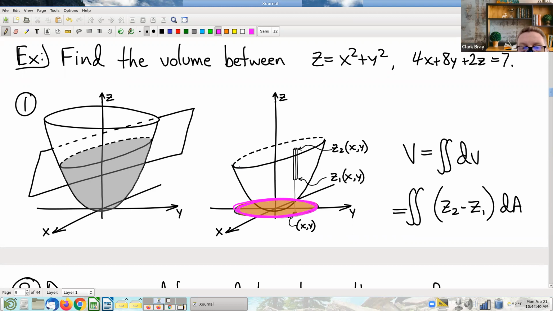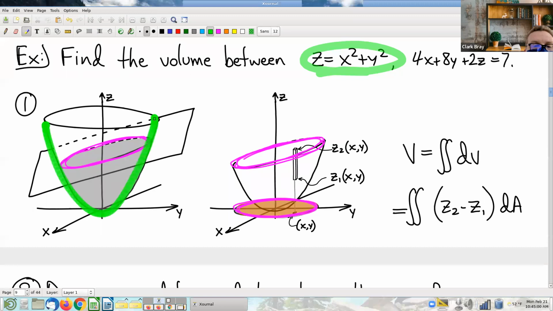It's just the shadow or the projection of that curve, and that's purely a geometric appeal. Where does that curve come from? That curve is where this surface intersects this surface.